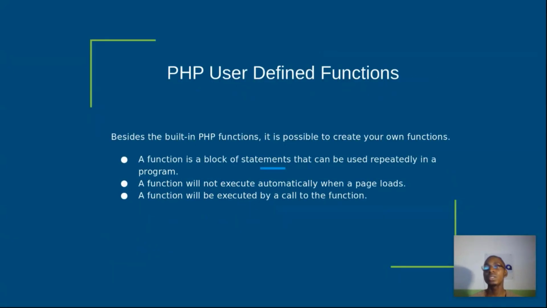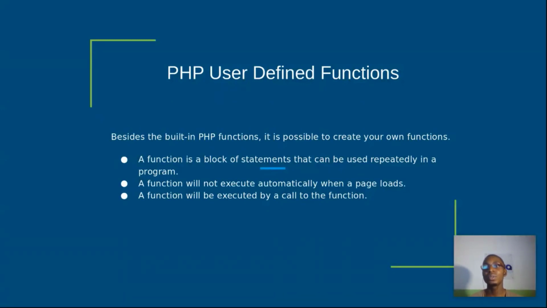Now, just a recap, a function is a block of statements that can be used repeatedly in a program, meaning that you can just declare it once and use it over. A function will not execute automatically when the page loads. Some of you did submissions in your assignments, and I saw you already advanced to the level of functions, but you actually defined your functions and did not call them.